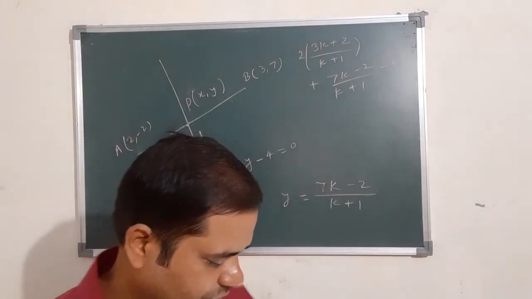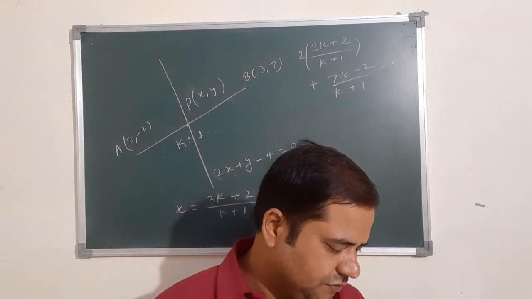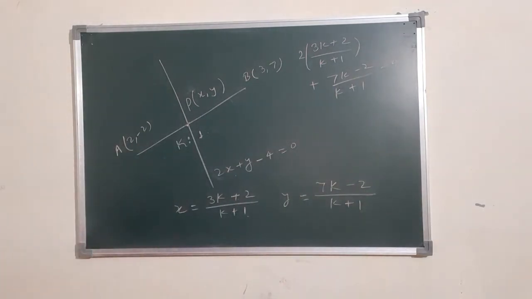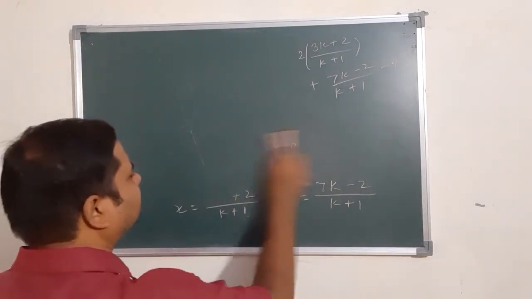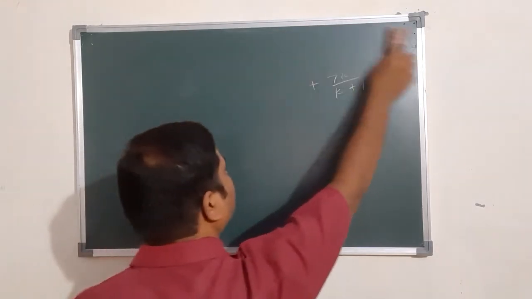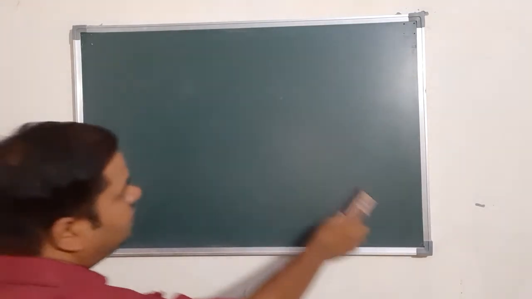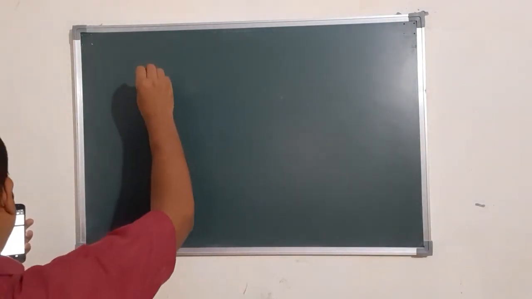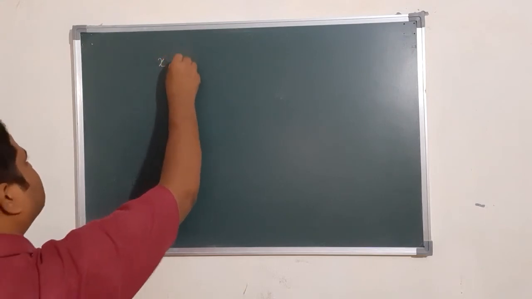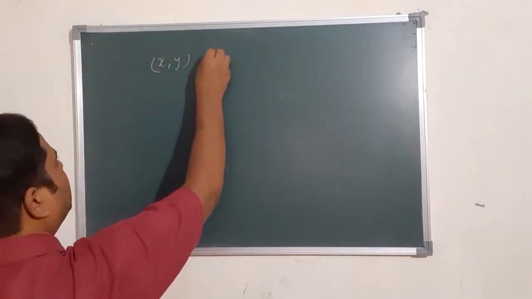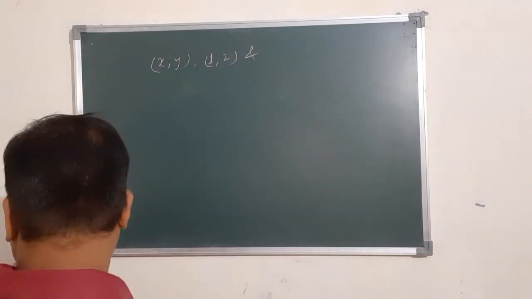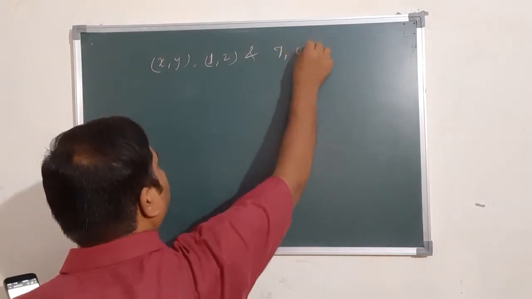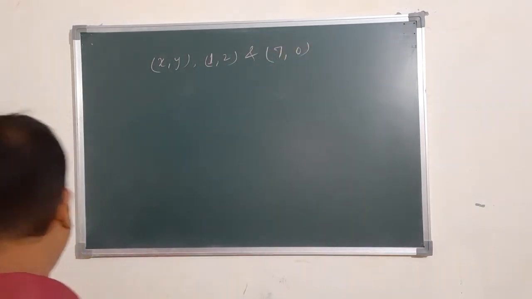Yes, question number 2. Find the relation between x and y if the points (x, y), (1, 2) and (7, 0) are collinear.